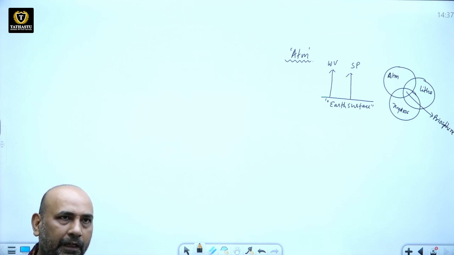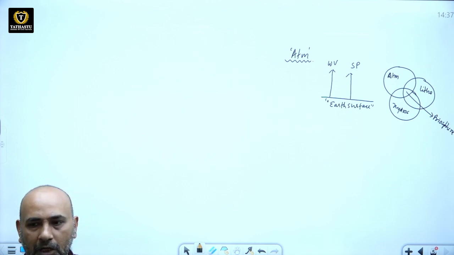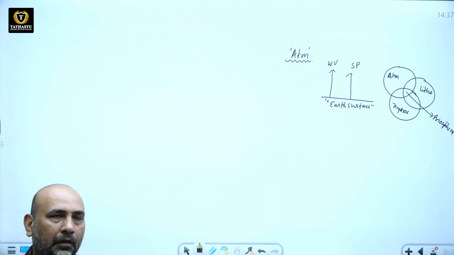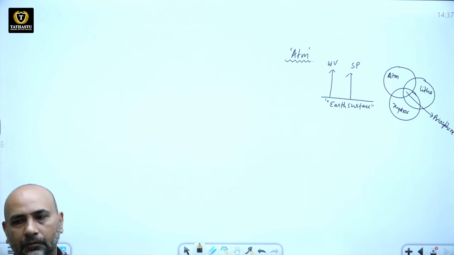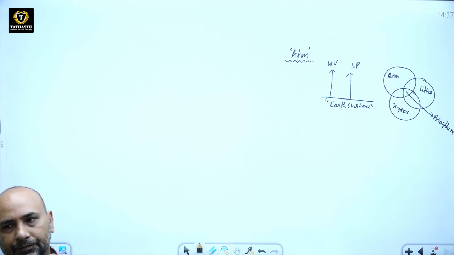So I have already taught you, again we have to repeat the line. With altitude in atmosphere, amount of water vapor and suspended particulates decline.